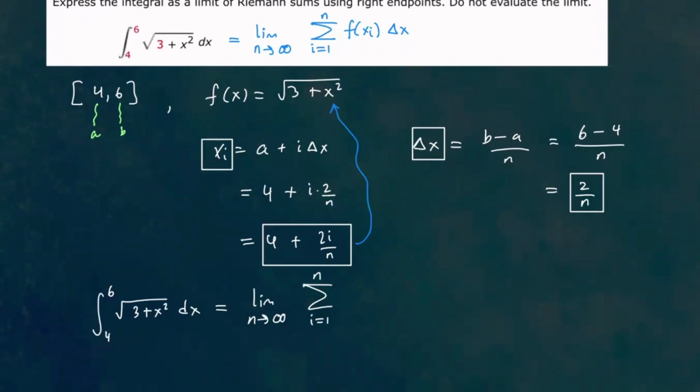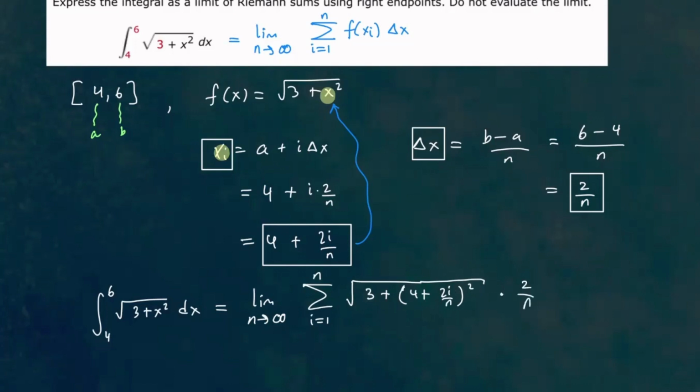Well, f here is the square root, so this will be the square root of 3 plus x, and we replace x with xi, which is this box we just computed. So that'll be 4 plus 2i over n, squared. All of that is under the square root, times delta x, which is 2 over n.